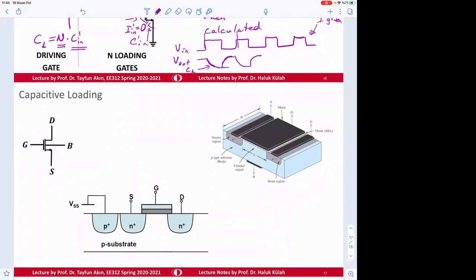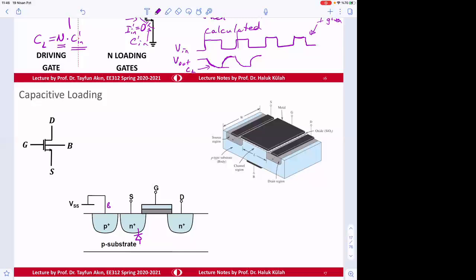When you look at the device, where is that capacitance coming from? We can do this analysis in detail, but we will notice some straightforward cases here, and depending on the operation, things will change. If you look at the NMOS transistor, this is the bulk.